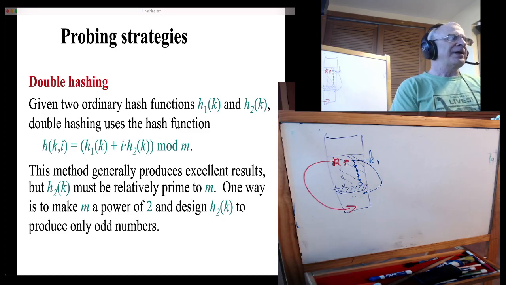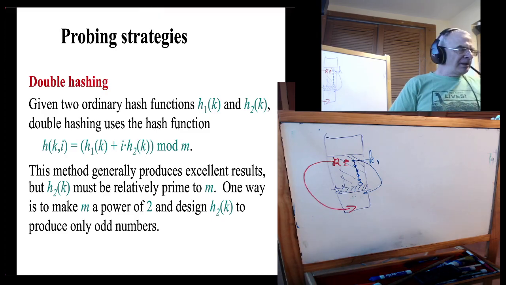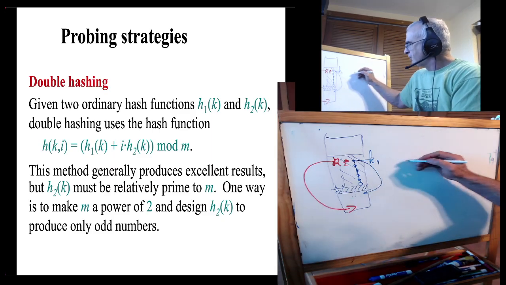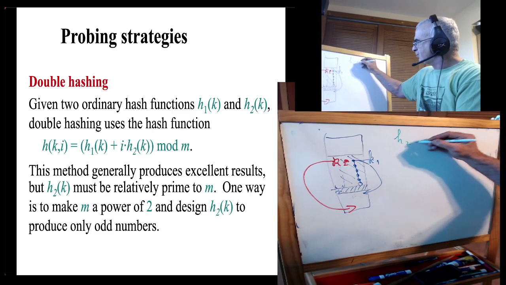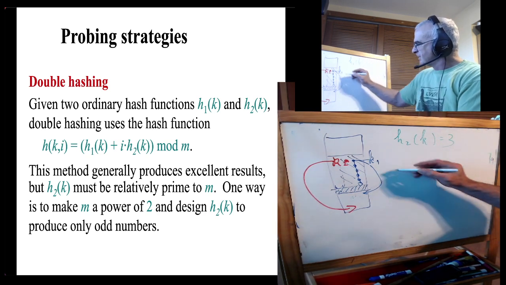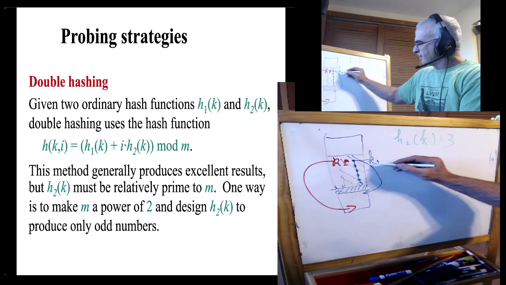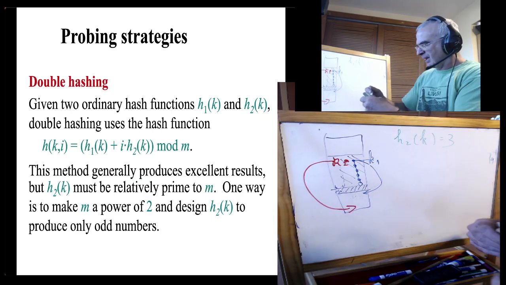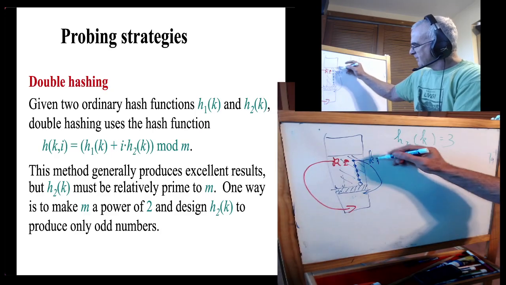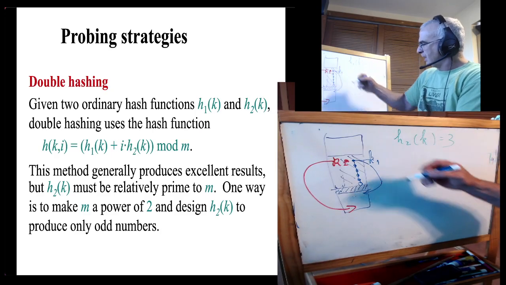It's another hash function, h2 of k, and h2 of k tells me that for one particular value, if h2 of k is say 3, then it means that I landed with K1 at some location, and then I jump by 3.